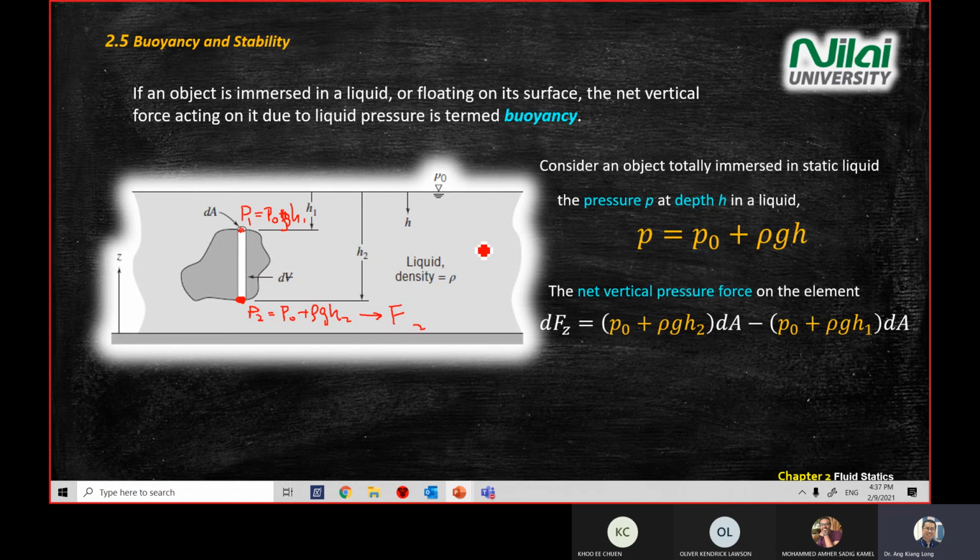So what you do is balance the forces, and again you convert P1 into F1. When you convert, just multiply by the area that you have. So you focus on the surface underneath, point number 2, minus point number 1, or surface number 1, then you get the net force acting on the object.